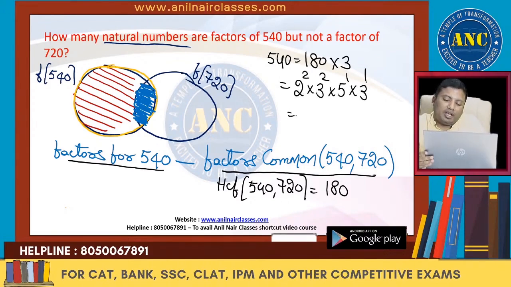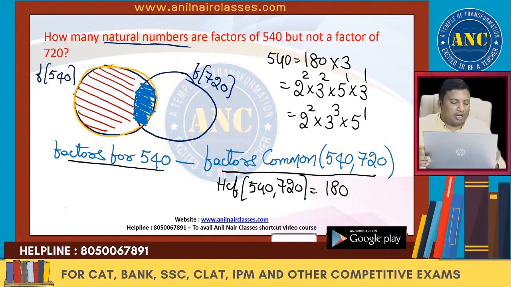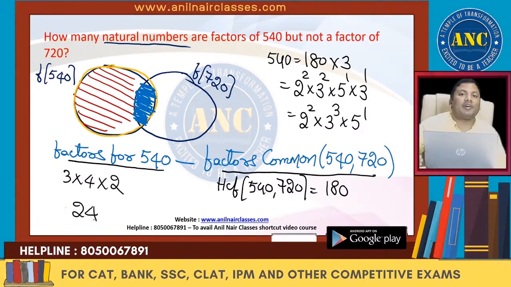So 540 is 2 square into 3 cube into 5 power 1. Totally how many factors are there? 3 into 4 into 2. So totally 24 factors are there for 540.